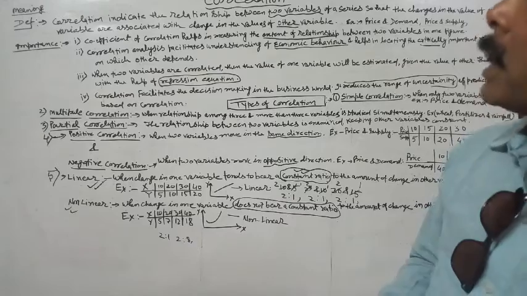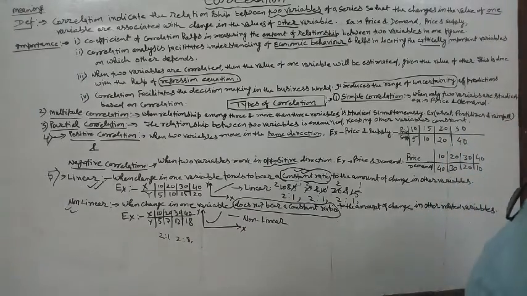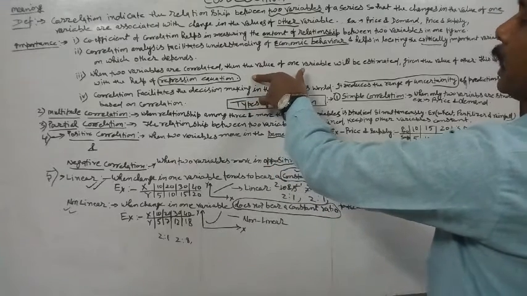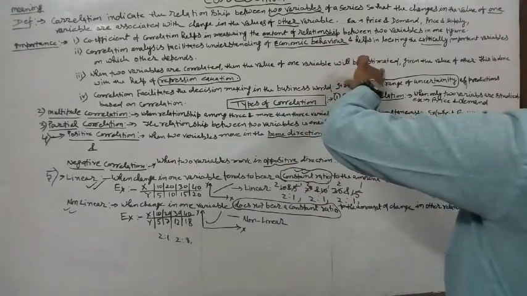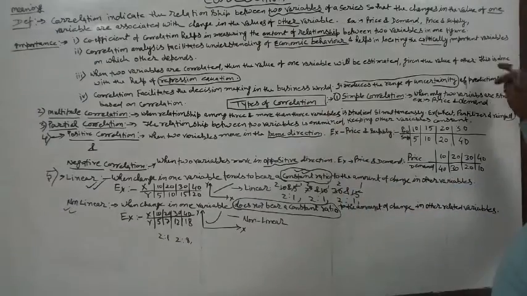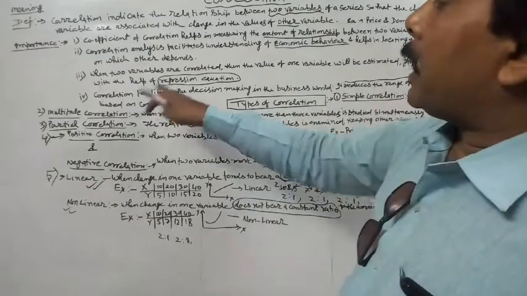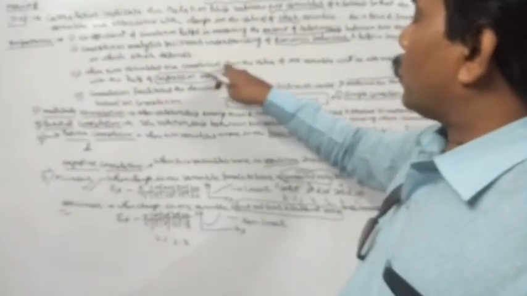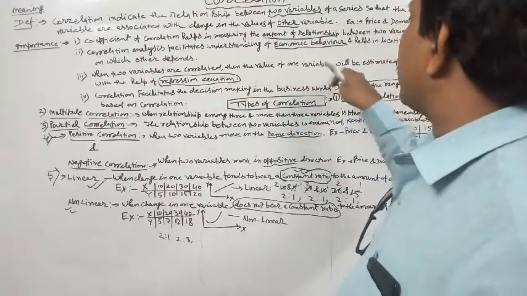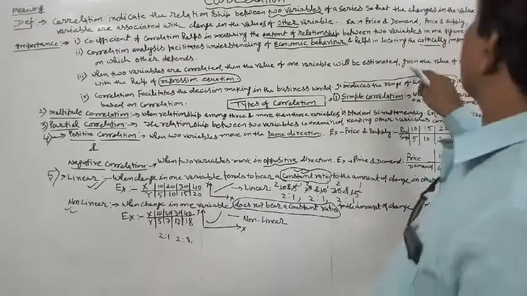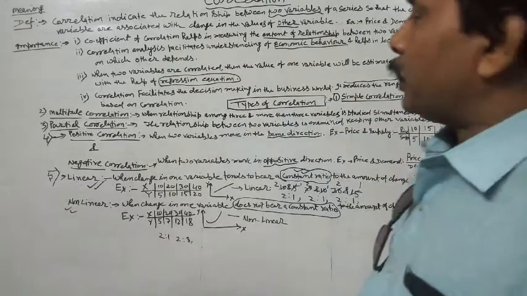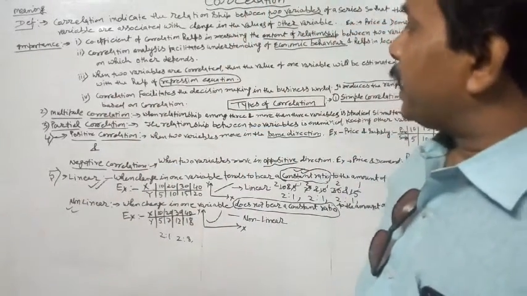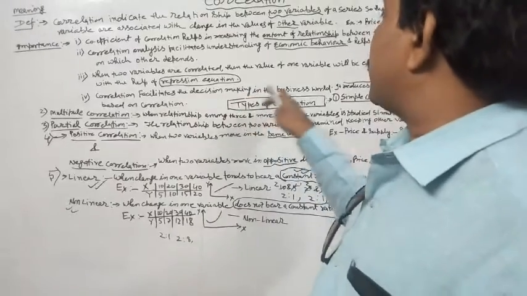But a question will rise in your mind: how can one variable be calculated with the help of the other? The answer is that this is done with the help of the regression equation. Now come to the fourth point.